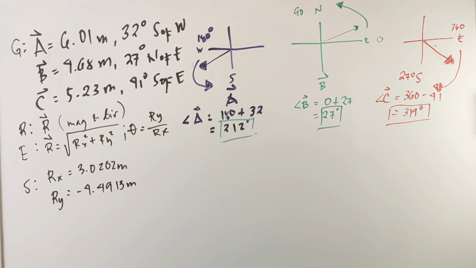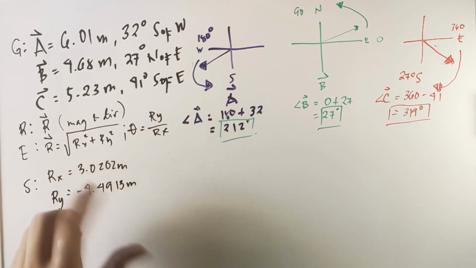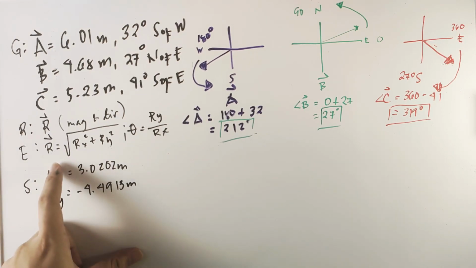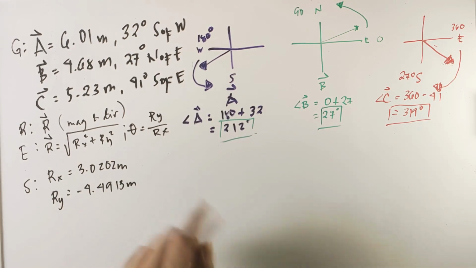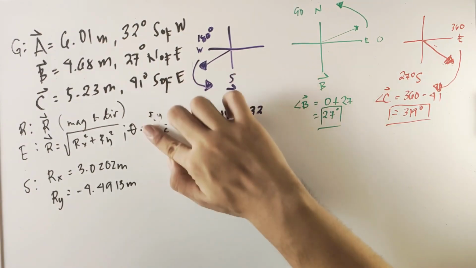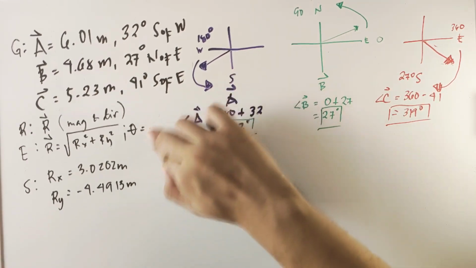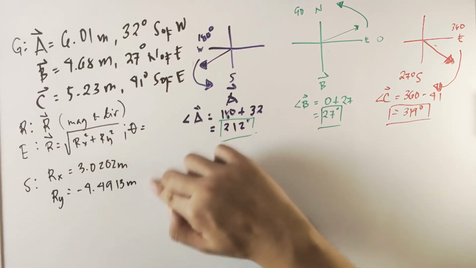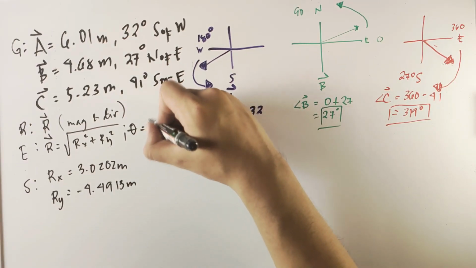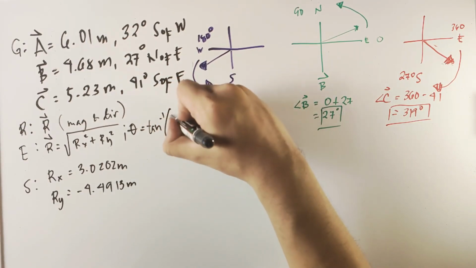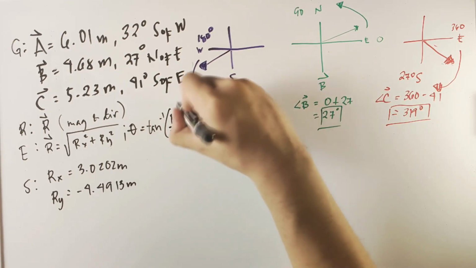After finishing the table and all that, it will all boil down to having the Pythagorean theorem and this is tangent inverse, the trigonometric function or arctan. Some of your teachers read it as arctan, so that's tangent inverse r y over r x.